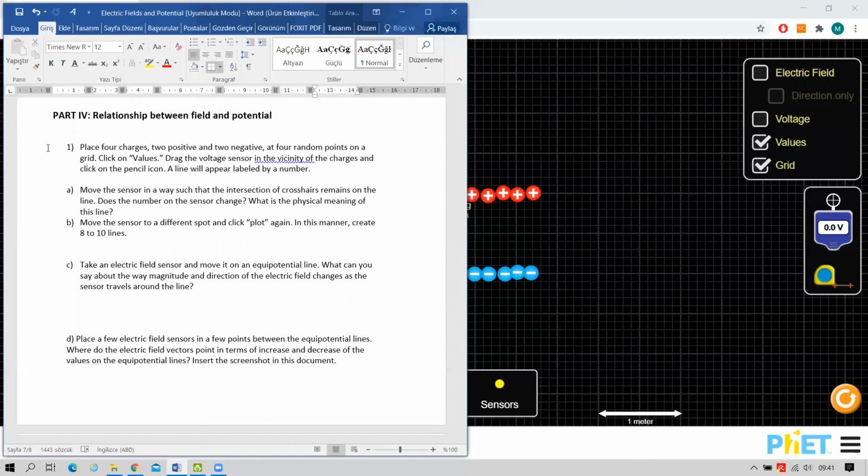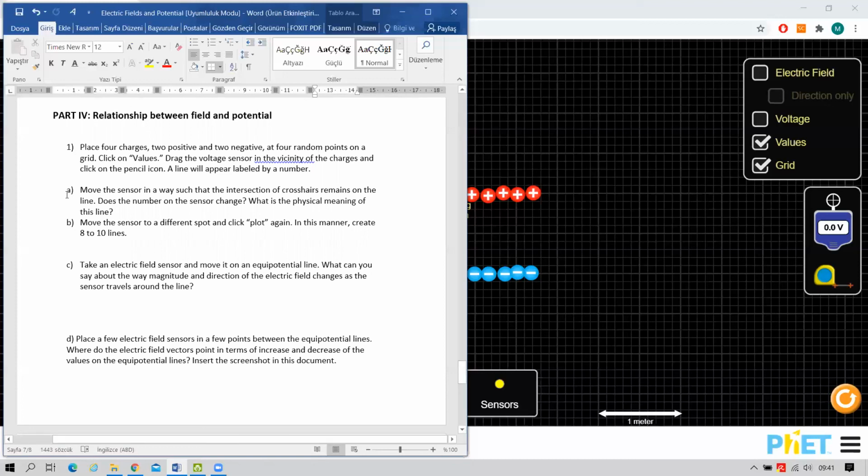Click on values, drag the voltage sensor in the vicinity of the charges, and click on the pencil icon. A line will appear labeled by a number. Move the sensor in a way such that the intersection of the crosshairs remains on the line. Does the number on the sensor change? What's the physical meaning of this line?